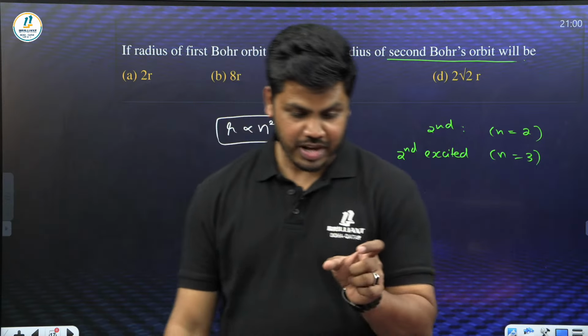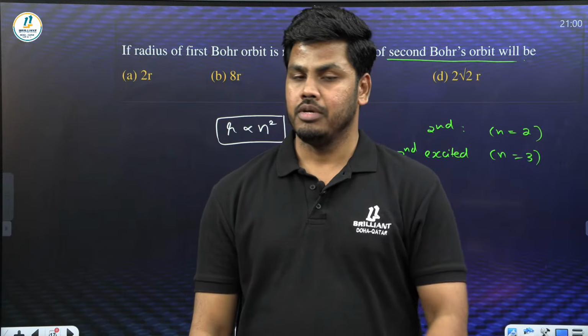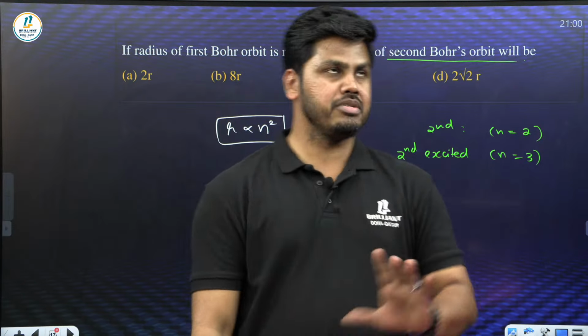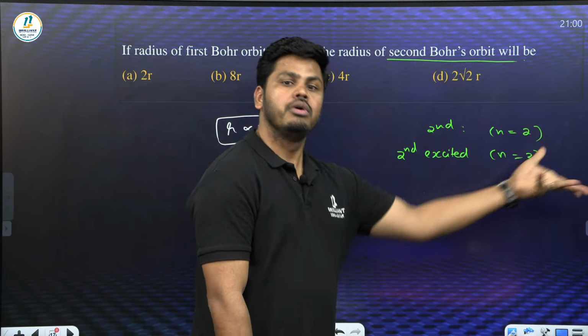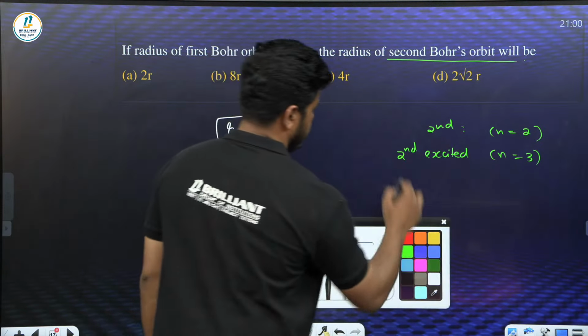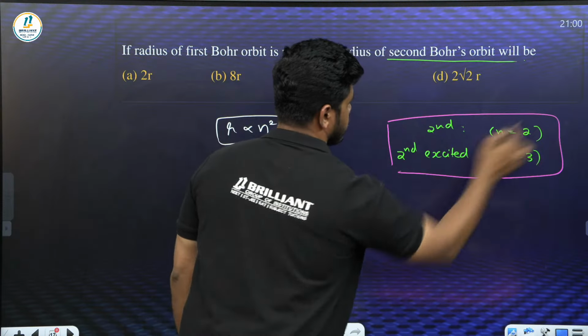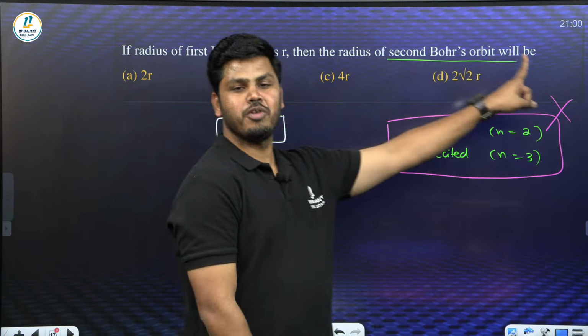So in a hurry, we don't identify properly which is the excited or the normal energy level they are talking about. So make sure you don't commit the mistake. It's a very simple question, but because of this n value change, you may lose that mark, so be careful. Just remember this is not required for the solution of this question. Don't be confused. Here it is just the second orbit.